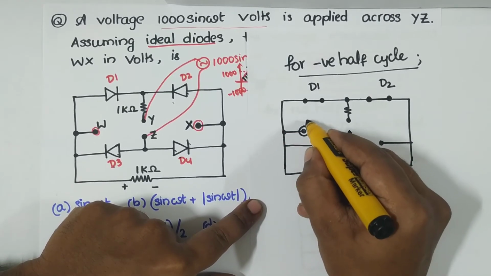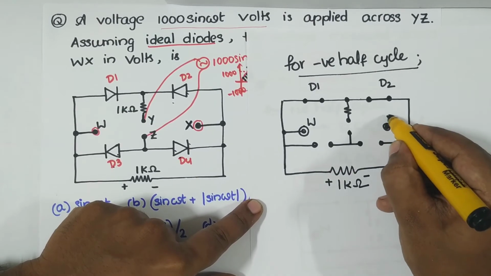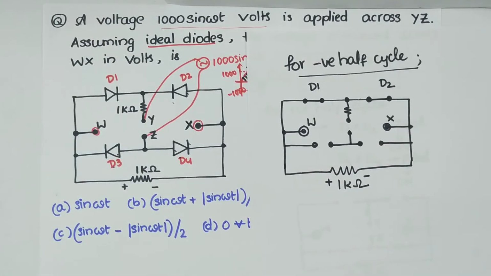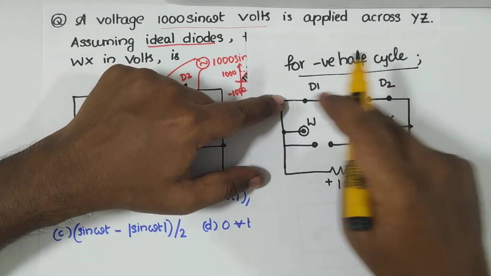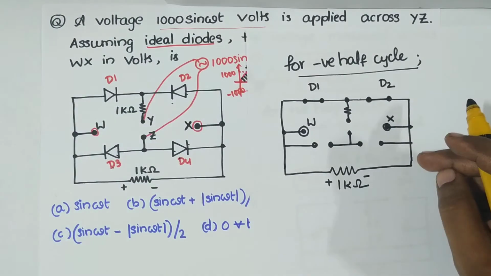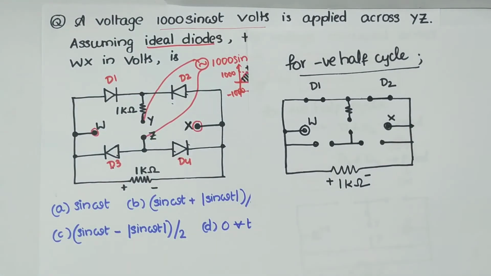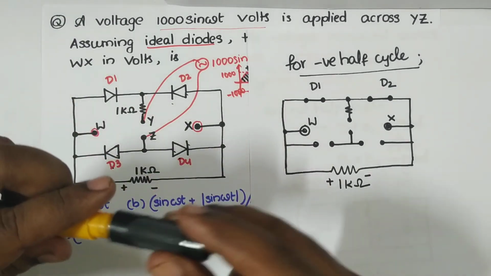Our interest is finding the voltage across W and X. The short is in parallel with the resistor, so therefore you get again 0 volts. The voltage across WX is again 0. That's it. It's very simple, just 2 seconds.